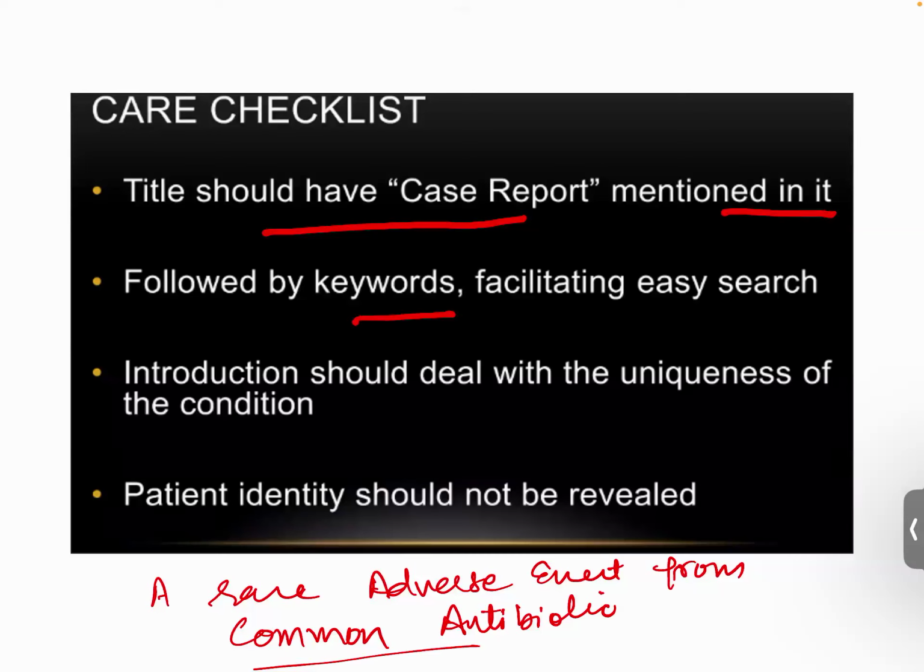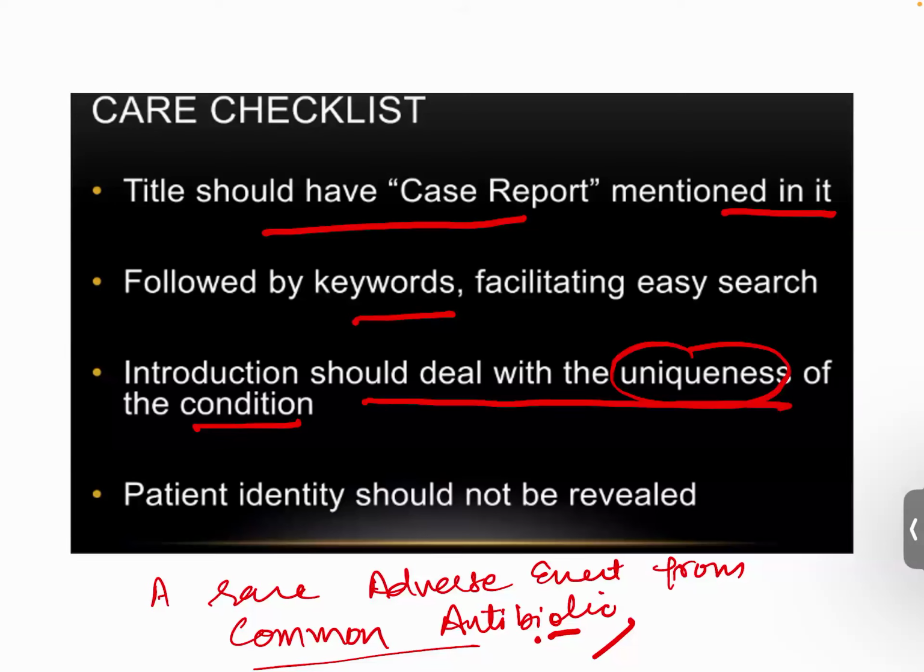The introduction should deal with the uniqueness of the condition. For example, when we introduce that this antibiotic is mostly tolerated, but this 45-year-old male with a history of type 2 diabetes, that is the uniqueness we are adding.